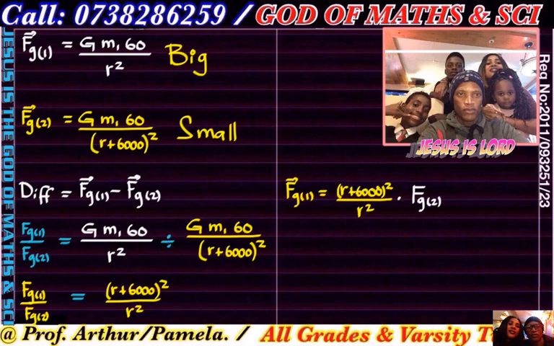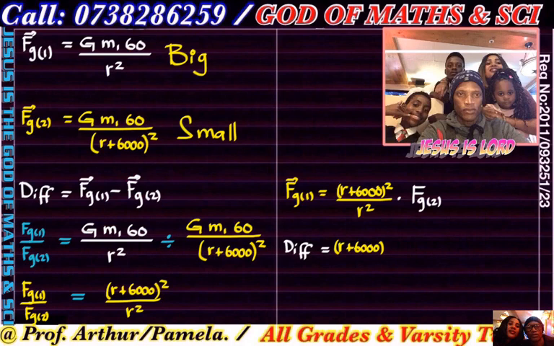So which means this one will be this one. So therefore, if I were to use this again, then I'll say, the difference, I'm doing it symbolically. If you had the values, you'll just put them in. It will be straightforward. Then I say, FG1 it's actually this one. So that one will be R plus 6,000, and I'm going to close the bracket.